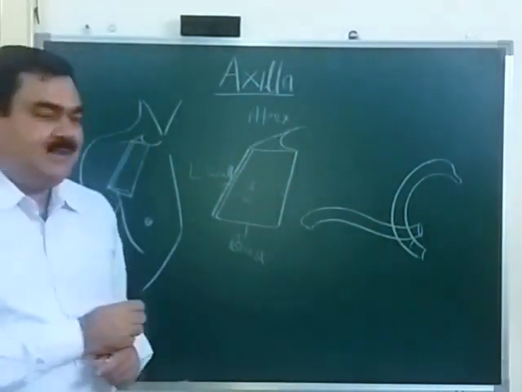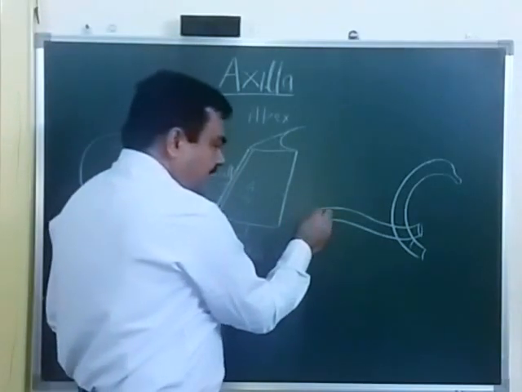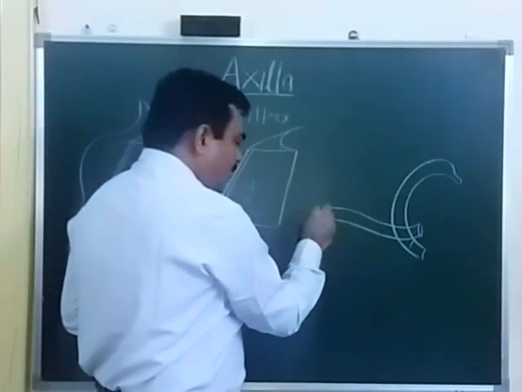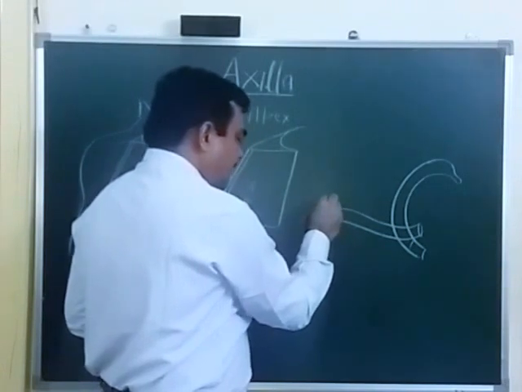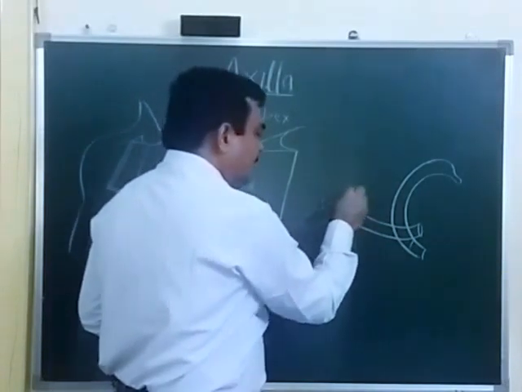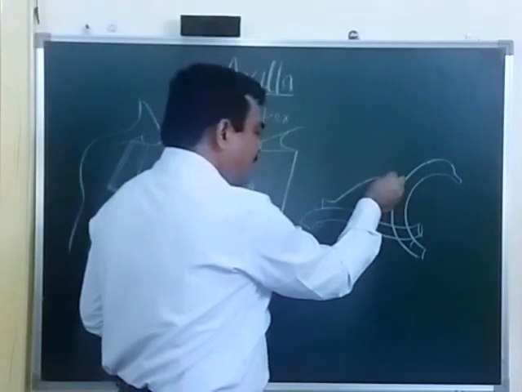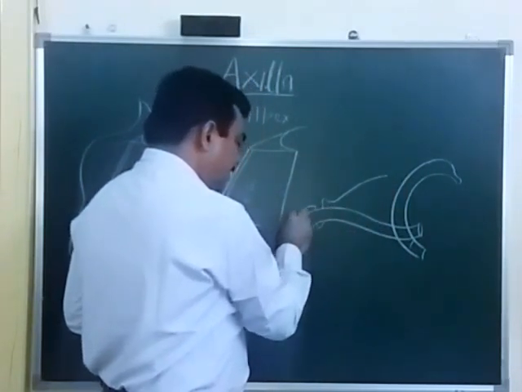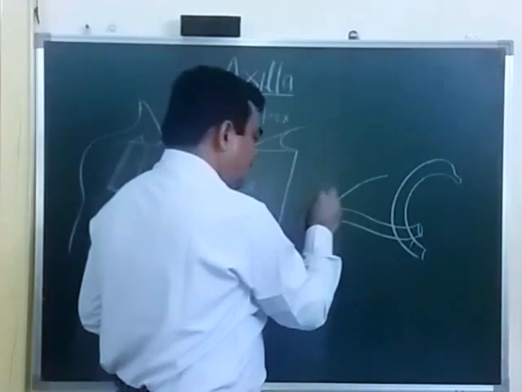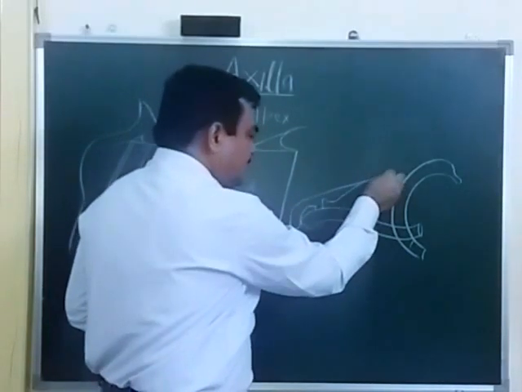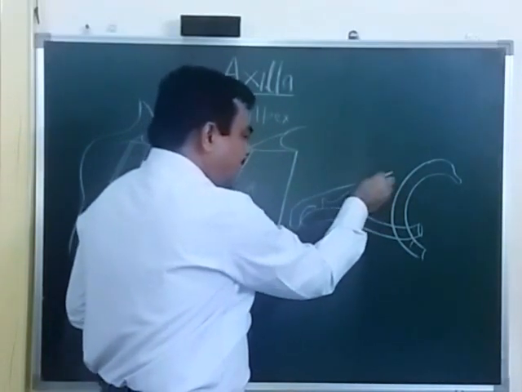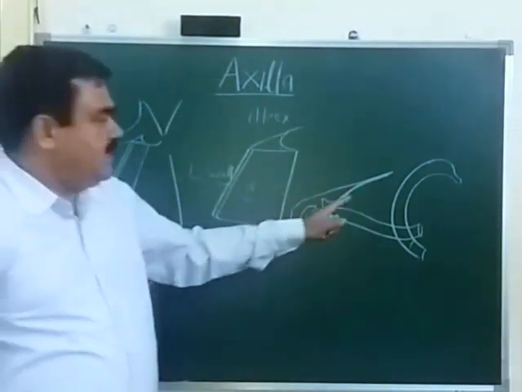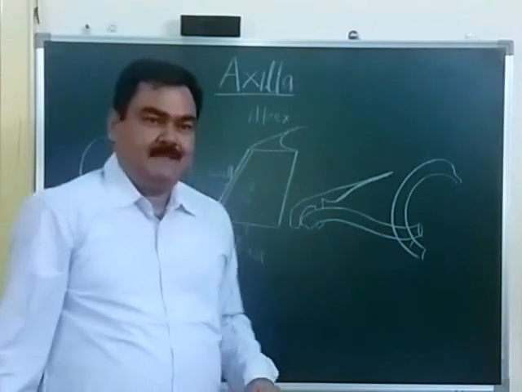This is position of clavicle, and here is position of coracoid process of scapula, and this is superior border of the scapula. Here is acromial process of scapula. This is spine of scapula. So this is superior border of the scapula, which take part in formation of the boundary.